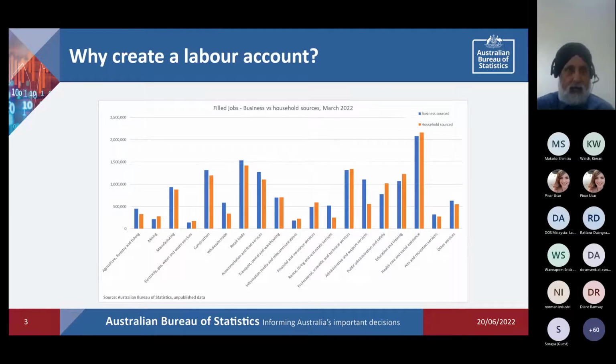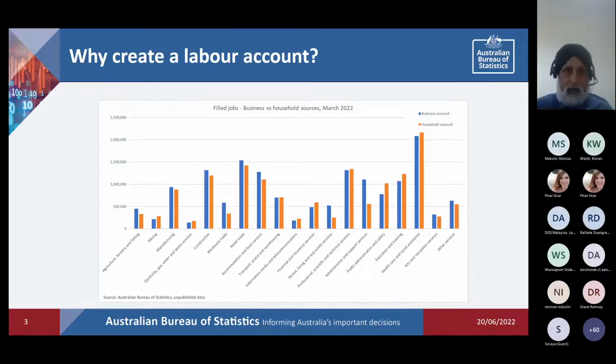So the question is, why did we create a labour account in Australia? Given the ABS already produces a wide range of labour statistics, on a quarterly, monthly, annual, or alternative frequency, why did we have to go down this path? Even though we produce a wide range of statistics, the results from these various data sources do produce different results. Each have their own strengths and weaknesses.